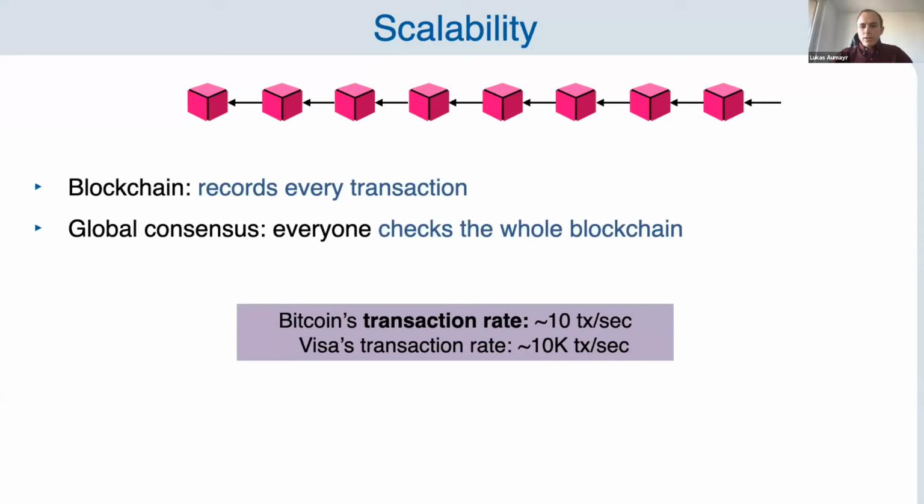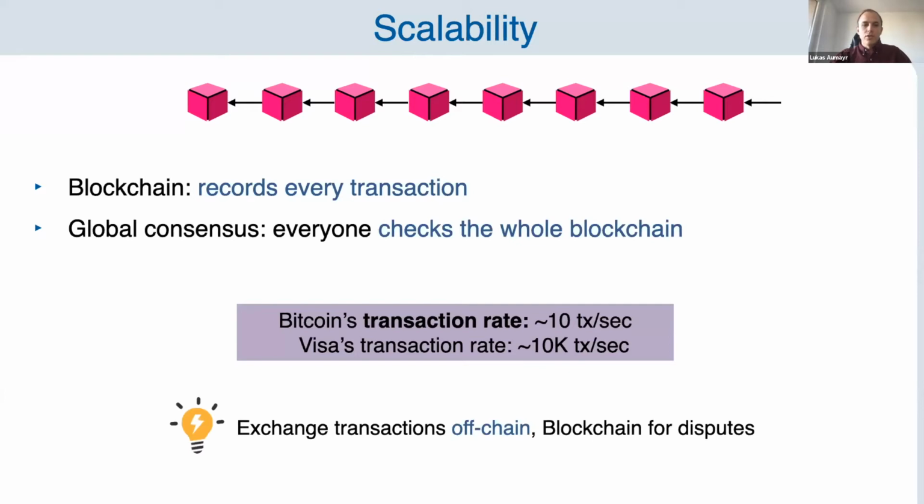One approach to solve this is actually to move off-chain and not record every transaction on the blockchain. Instead, we keep most of them off-chain and use the blockchain mostly for fallback in case of disputes. And among these off-chain solutions, payment channels have emerged as one of the more promising ones.